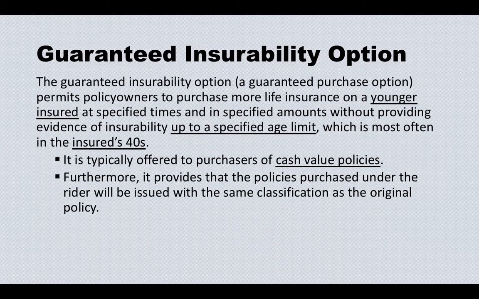Guarantee insurability option. The guarantee insurability option, also called a guarantee purchase option, permits the policy owners to purchase more life insurance on a younger insured at a specific time and in a specific amount without providing evidence of insurability, up to a specific age limit, which is often insured age 40s.